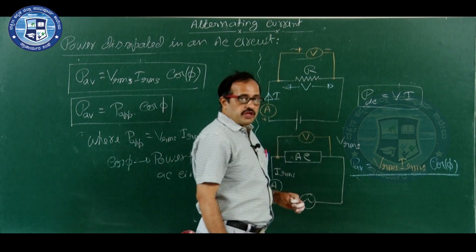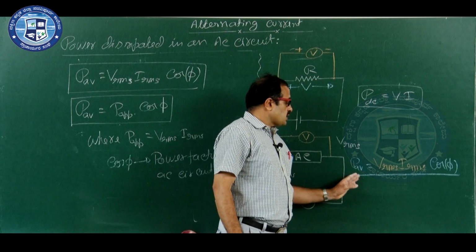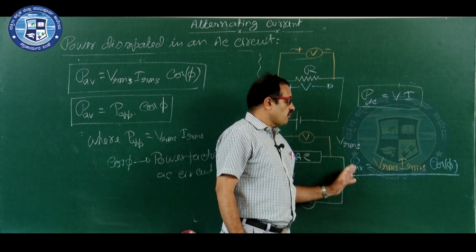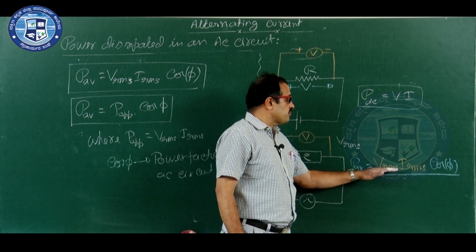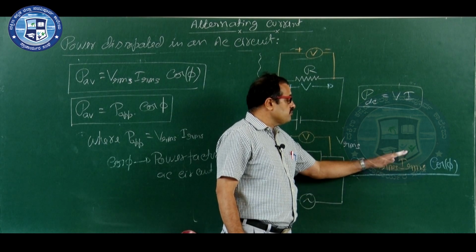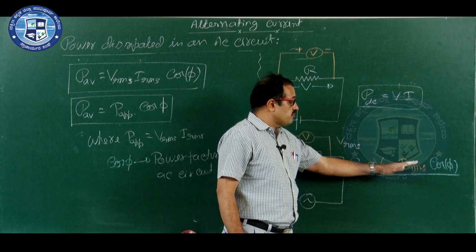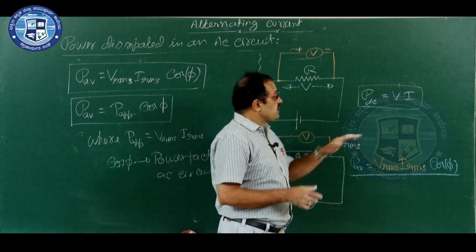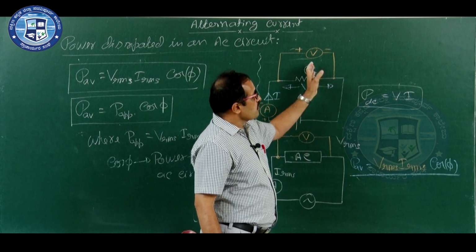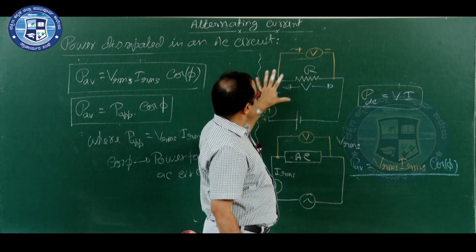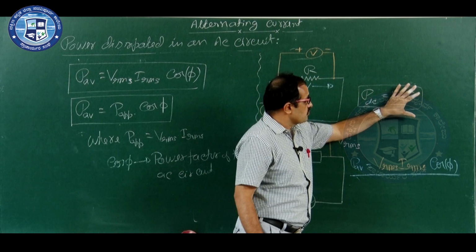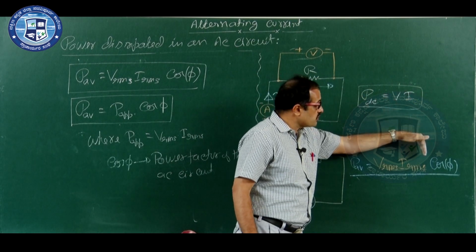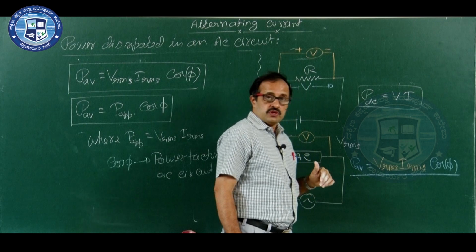Therefore, in the case of AC circuit, actual power consumption over the complete cycle is given by voltmeter reading multiplied by ammeter reading, multiplied by cos phi. But if it is DC, power consumption is decided by voltmeter reading and ammeter reading only. But here you have one more term, that is cos phi.